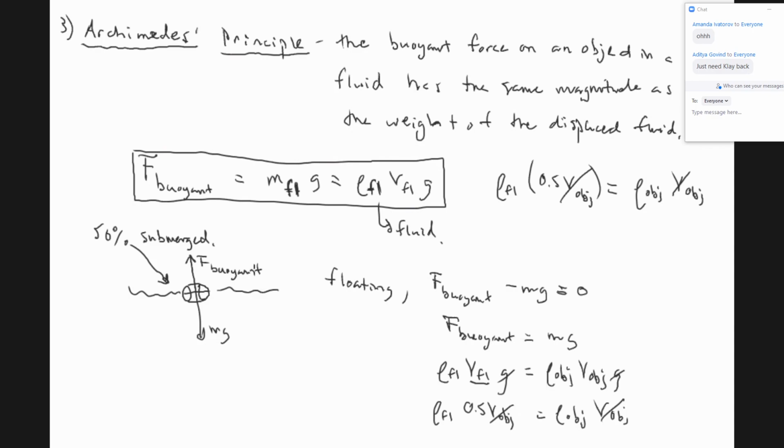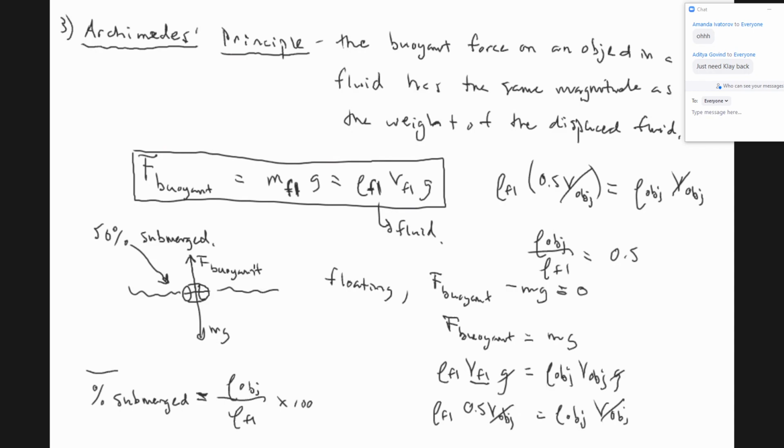And you'll see that the ratio of the density of the object over the density of the fluid medium is equal to 0.5. So we can simply say that the percent submerged of an object is equal to the ratio of the density of that object to the density of that fluid medium times 100%.